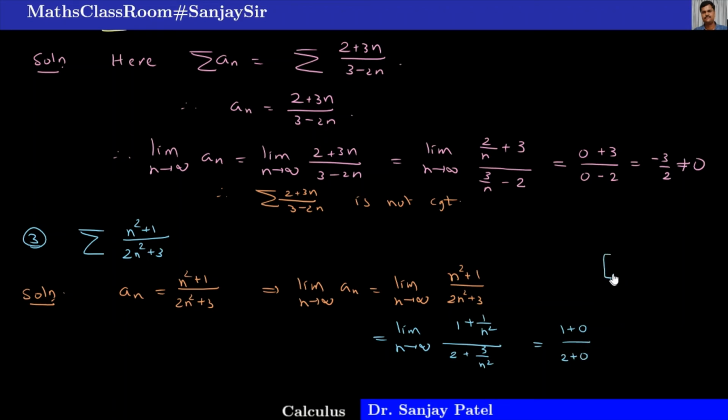Just keep in mind this very important limit: as n tends to infinity, 1 upon n raised to k is equal to 0 if k is positive. So this is equal to 1 by 2, and it is not equal to 0. So the conclusion is the given series sigma n square plus 1 upon 2n square plus 3 is not convergent. In other words, it is divergent.